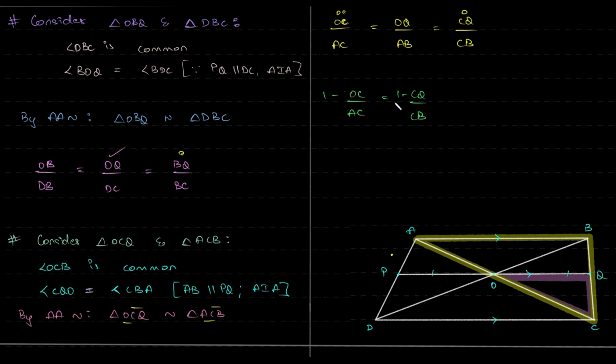With this, we'll get the other part, and we'll be able to get this expression actually. I'll show this, then you guys will understand. So, okay, let's consider OC by AC being equal to CQ by CB. Then I'm going to multiply throughout with -1 and add 1 to it.